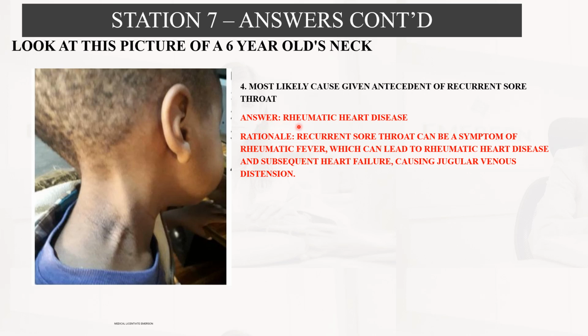That diagnosis again will be rheumatic heart disease, which of course can also give you a distended jugular vein. So recurrent sore throat can be a symptom of rheumatic fever, which can lead to rheumatic heart disease and subsequent heart failure, causing jugular venous distension. Okay, that's what you need to understand.